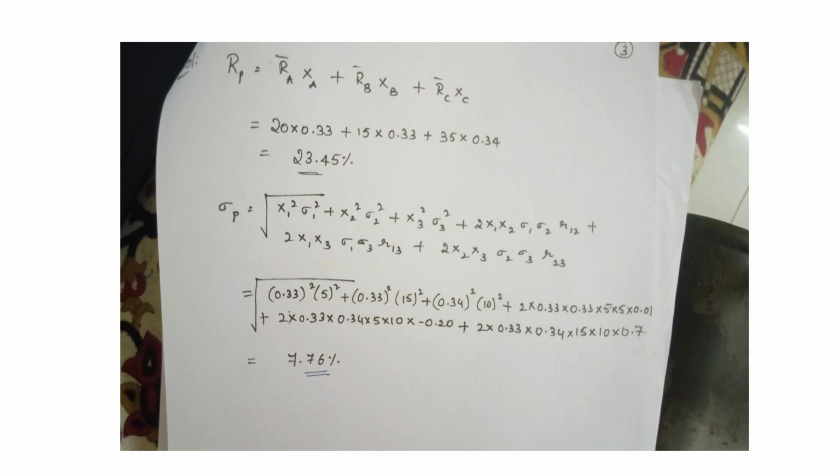For the second stock it is 0.33 the whole square into standard deviation 15 the whole square. Same way you have to do it for the other values. You have to just substitute the values and then calculate it. By calculating you are going to get 7.76%.